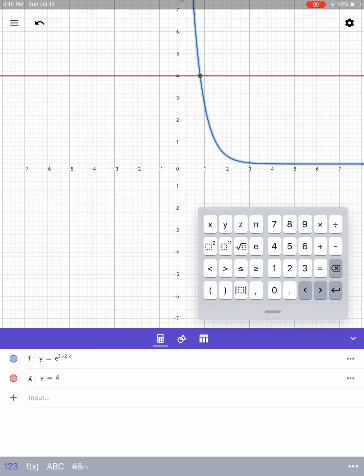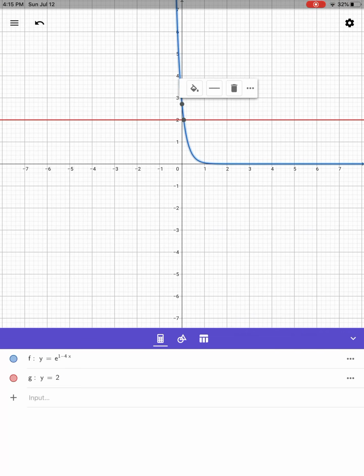So graphically, if you go back to the graphing calculator, I have the first function to be e to the power of 1 minus 4x, and the second function to be y is equal to 2.